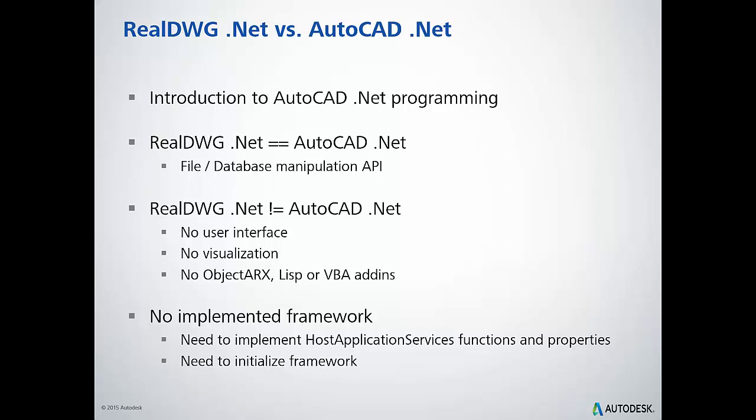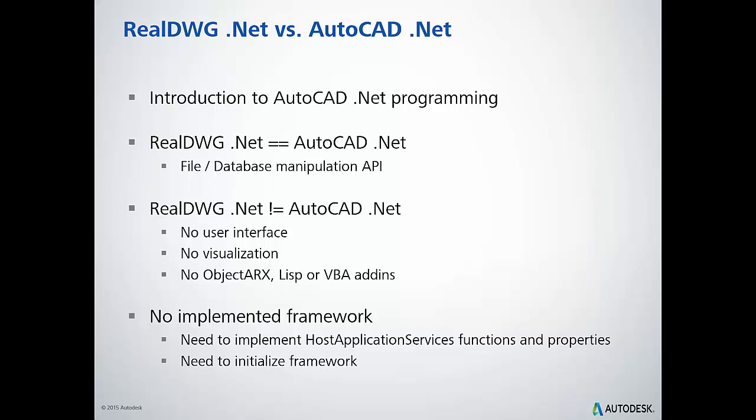So there is no API for such functionality either. Because this technology is completely independent of AutoCAD, you also cannot load ObjectARX, Lisp or VBA modules inside your application. Although a RealDWG application can load ObjectDBX or Object Enabler modules.